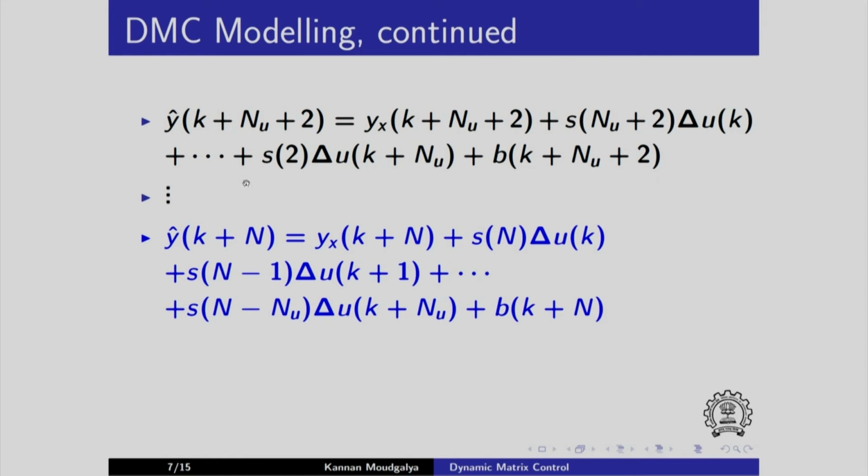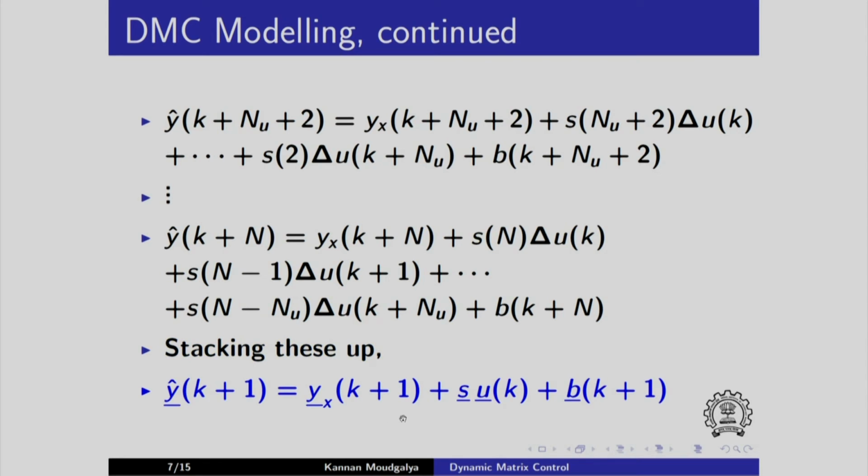Continue with this and go all the way up to k plus N. N is the prediction horizon and N is greater than Nu in general. We stack these up, we get an expression of this type. The first term has all the y sub x, the second term has all the delta U terms, and this vector B term has all the bias entries in every equation.